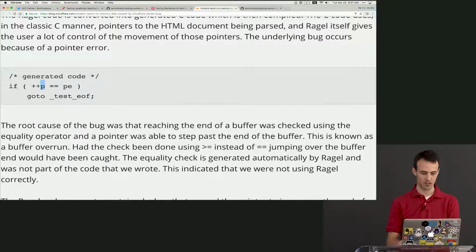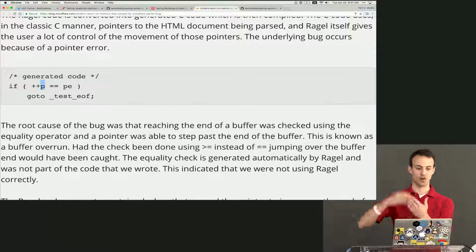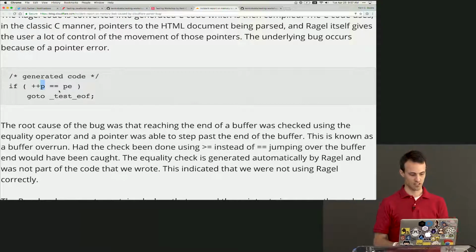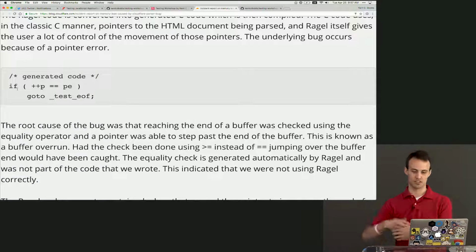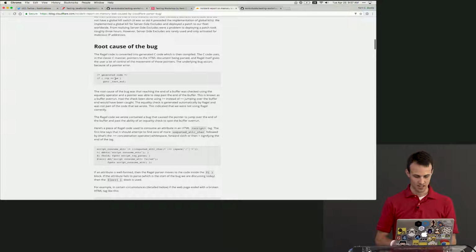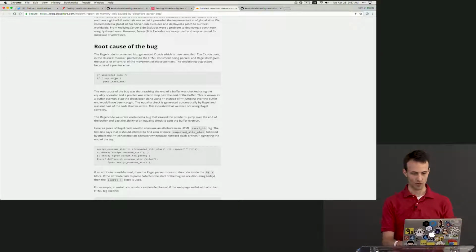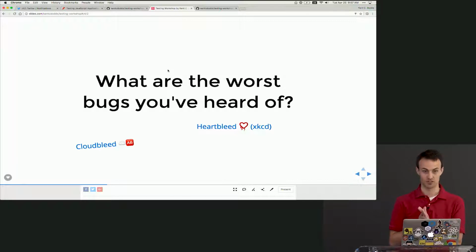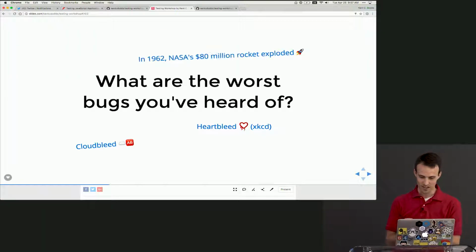Somehow p got incremented over pe, and so this double equals check never failed. And so they would continue to send more data that they probably shouldn't have. Yeah, you probably want to test your generated code and use snapshot testing to do that, which we'll talk about later. It's pretty cool.